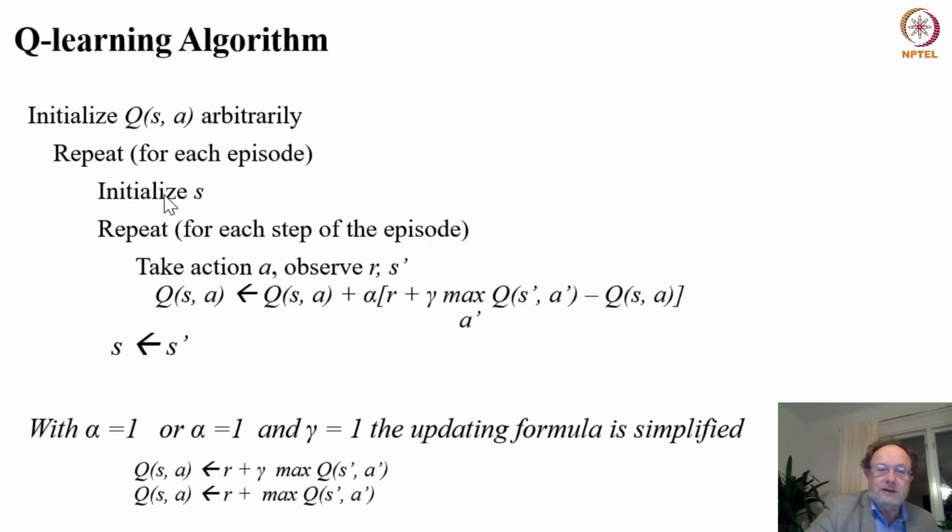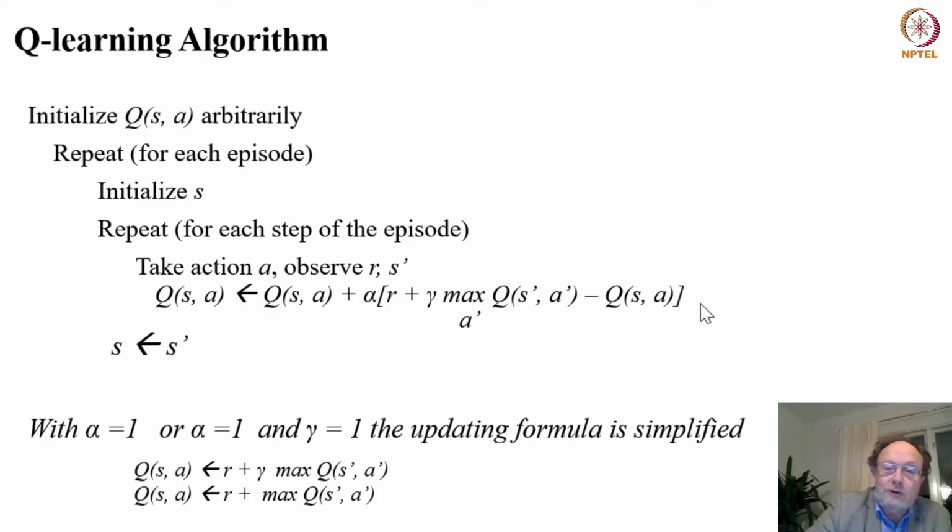So it takes the first state, and then for each step it updates the quality function, which means essentially that it updates the different items in the table.